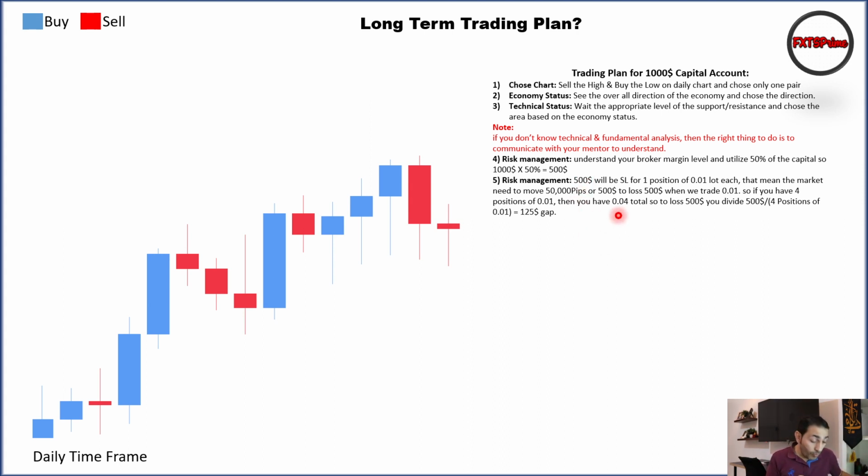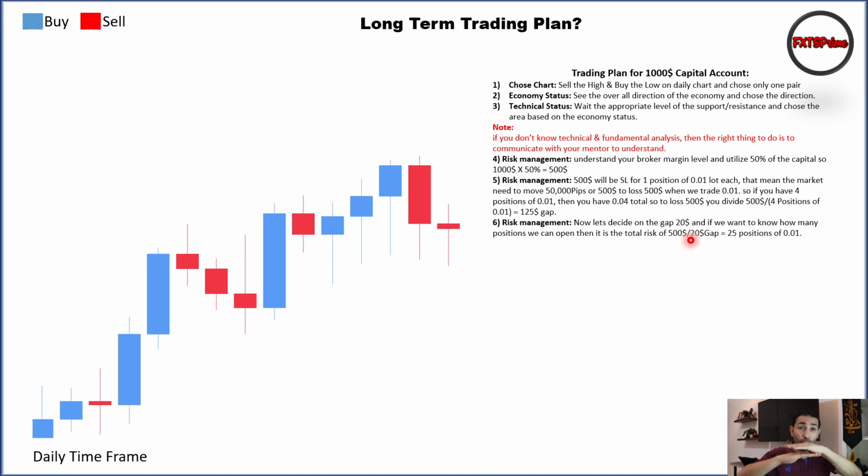So now if I want to make an appropriate trading plan for the $500, which is 50% of my account, I'm going to do the following. Guess that I want to open an entry after analyzing the chart technically, after analyzing the economy status, and after asking my mentor, and the price is going down.